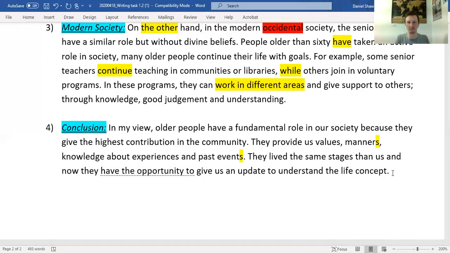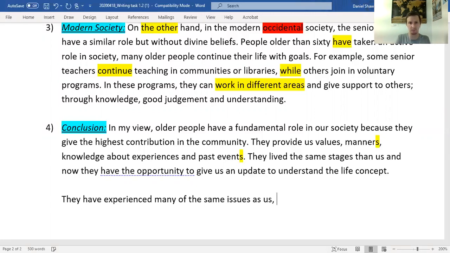So we can say they have lived the same, let's try and change this actually. They have experienced of the same, say, lives. Let's say they have experienced many of the same issues as us.